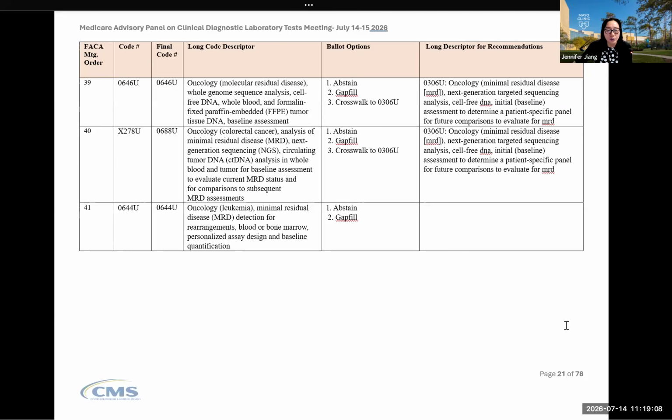It's using the personalized assay design as well as a methodology of droplet digital PCR. Therefore, we agree with the sponsor recommendations. This should be the gap fill code. Thank you so much. Do we have any questions, comments from other panelists or from CMS? All right, if not, panelists, please vote.